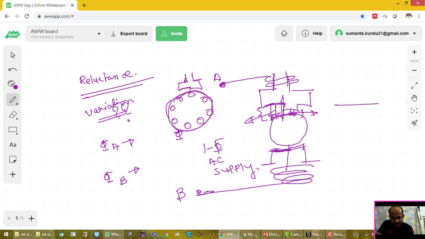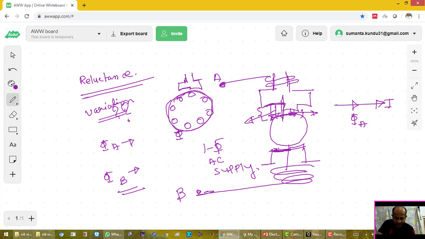If this is my current and this is my phi A, it will be in phase for the half of the pole face where the air gap length is higher. Another flux is phi B, which is developed for the minimum air gap.